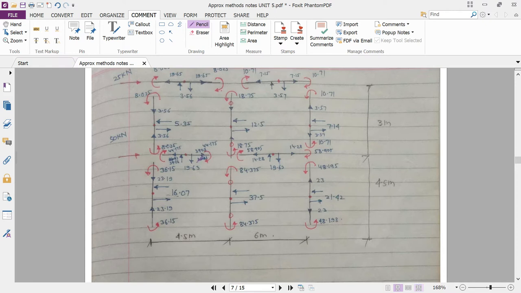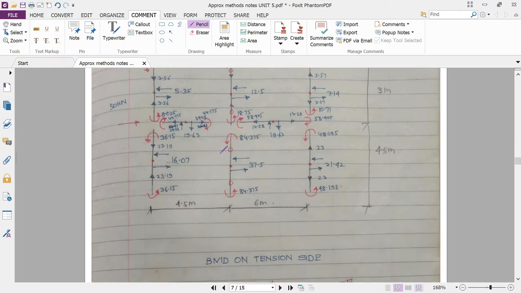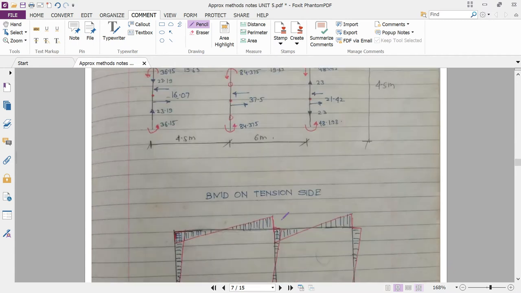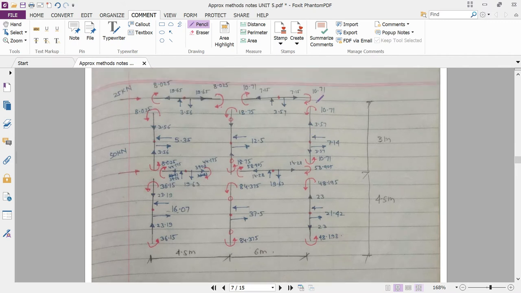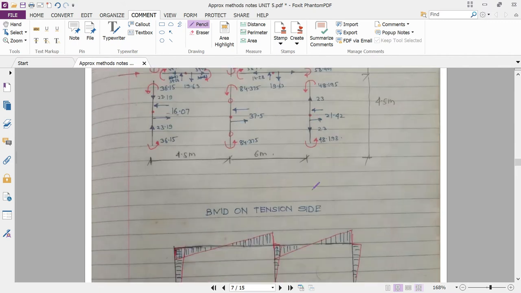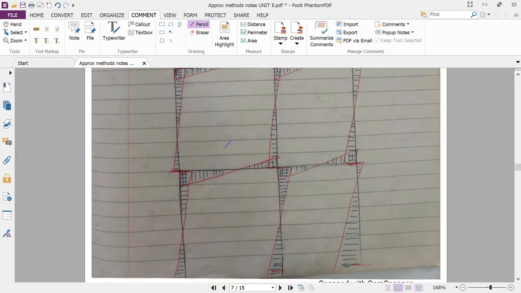So likewise you can easily solve this particular type of numerical by using the portal frame method. And the bending moment is very easy. You have to follow the tail of this particular arrow, and then you will directly get the bending moment on the tension side like this.